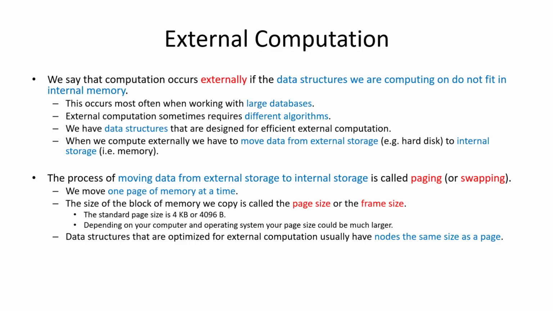So the operating system is saying, look, I'm going to copy this whole chunk in, hoping that if you're going to use some other piece of memory in that chunk in the future, I don't have to go back and copy it again. I've copied the whole thing. And there's a sort of rule of thumb, or a little bit of intuition there, saying, hey, if you're already accessing this part of the hard drive, you might be accessing this part of the hard drive again in the future. So let's just grab a whole big chunk at a time.